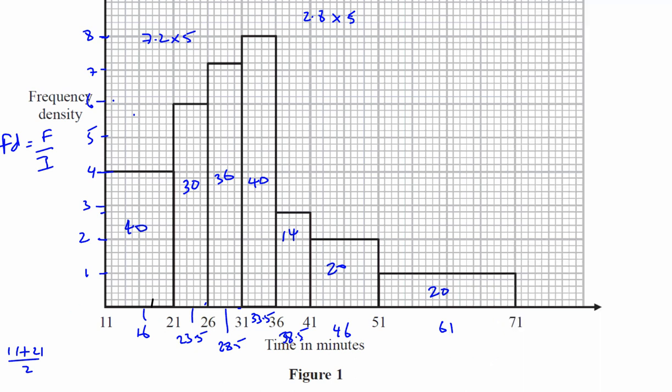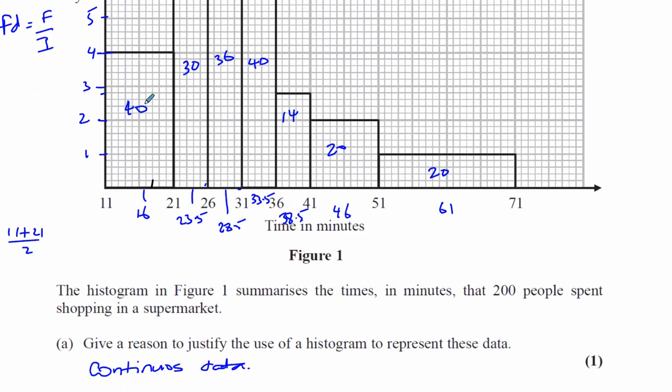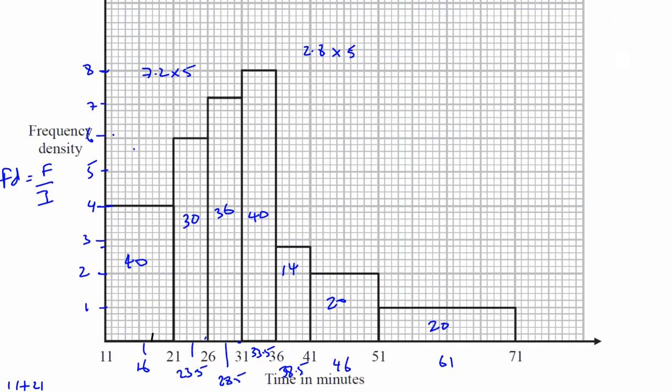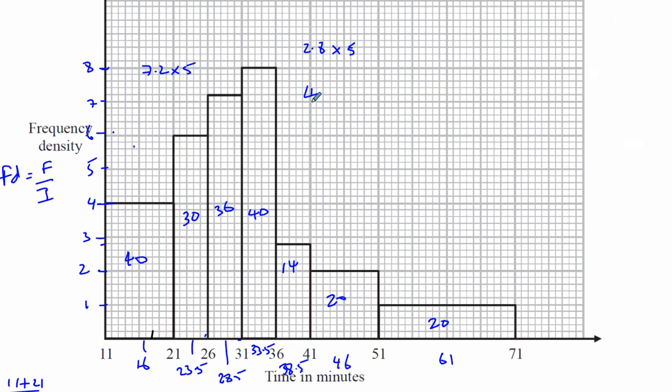So now we've got f and x, where f is the frequency and x is the midpoint. I'm going to do the calculation up here, because we can see what we're doing now. So you've got 40 times 16, plus 30 times 23.5, plus 36 times 28.5, plus 40 times 33.5.